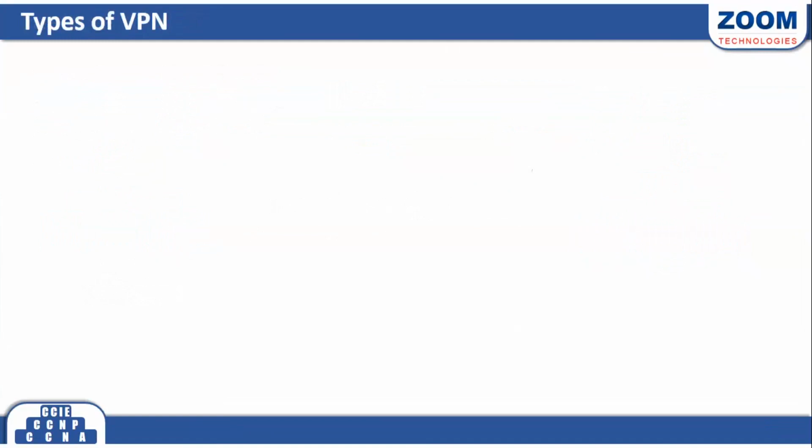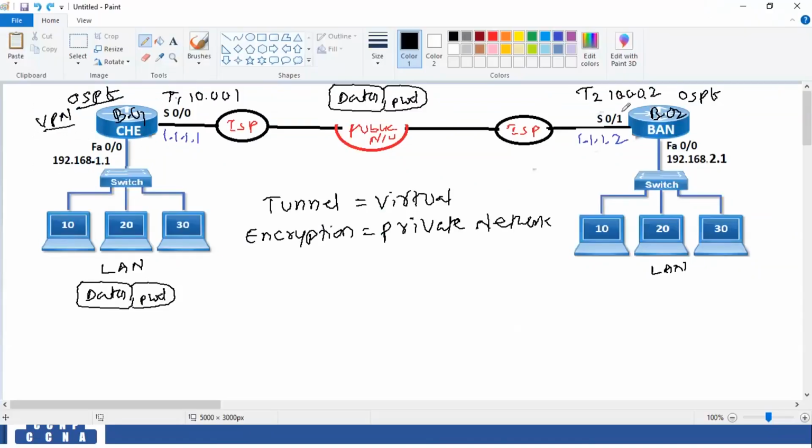Now let's understand the types of VPN. Basically, Cisco developed VPNs called GRE VPN, DMVPN, and IPsec VPN. All are different types of VPNs.